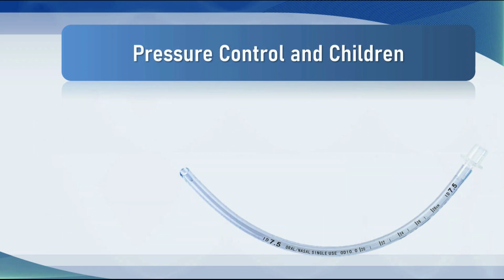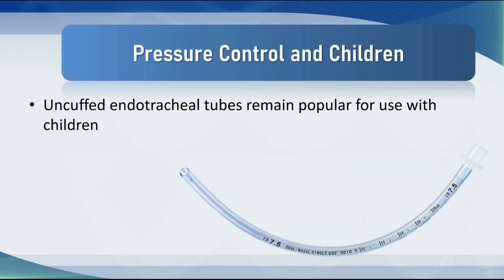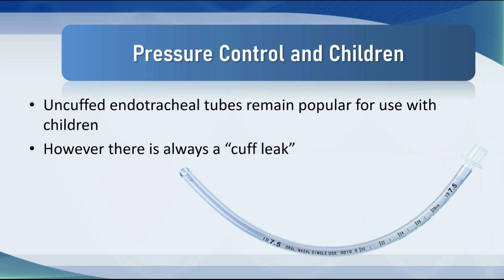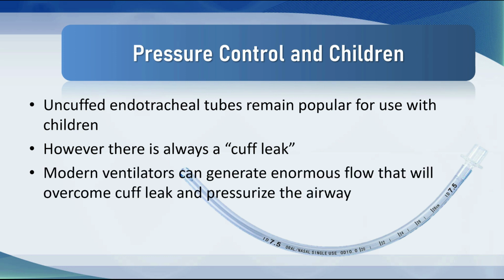Further, uncuffed endotracheal tubes remain popular for use with children. However, there is always a cuff leak. And modern mechanical ventilators are able to generate enormous flow that will overcome the cuff leak and pressurize the airway.